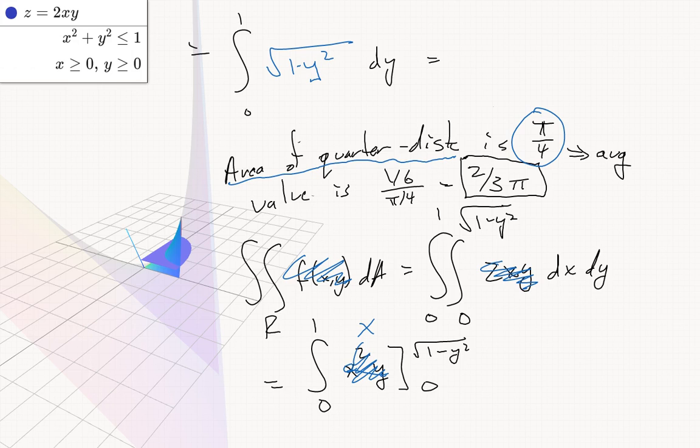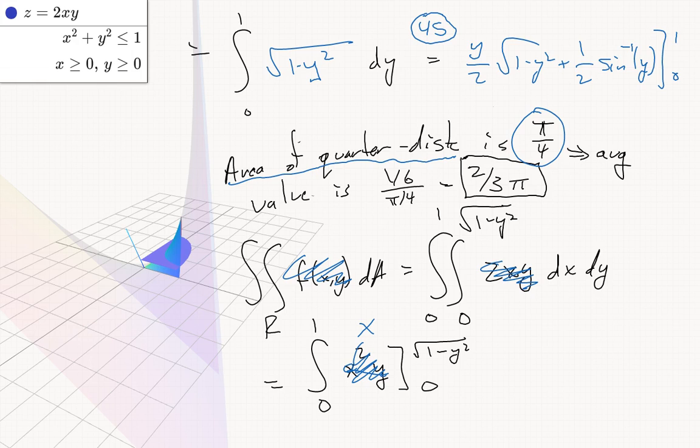And again, from the table of integrals, so this is not something you should necessarily just see immediately, it turns out that the integral of root 1 minus y squared is y over 2 root 1 minus y squared plus 1/2 sine inverse of y.